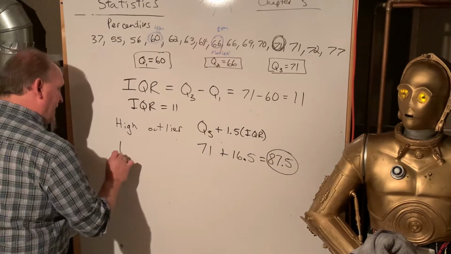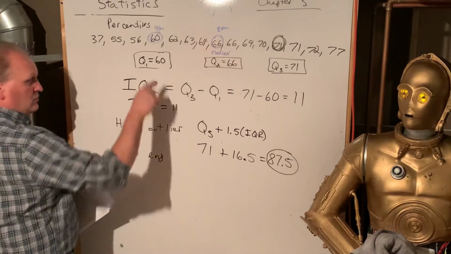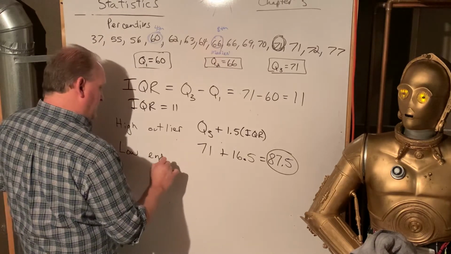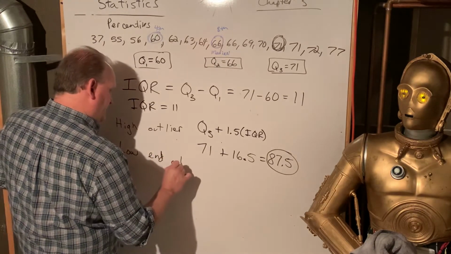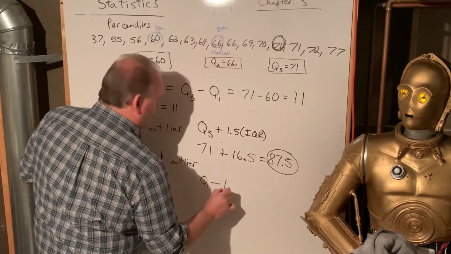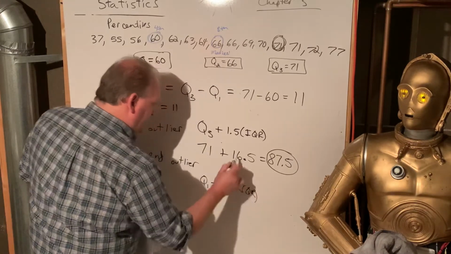For the low end outlier, we take Q1 and we subtract 1.5 times the IQR again. And so that's going to obviously be the same.